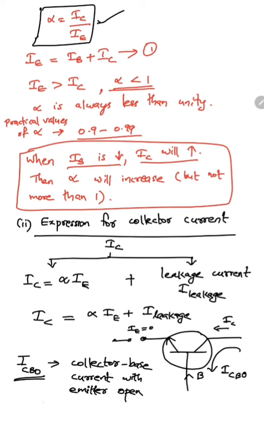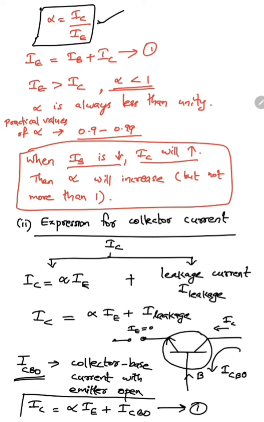So this equation can be rewritten as IC is equal to alpha IE plus ICBO. This is one equation of total collector current. So this is one expression for collector current. So we have the equation IC is equal to alpha IE plus ICBO. This is equation 1.